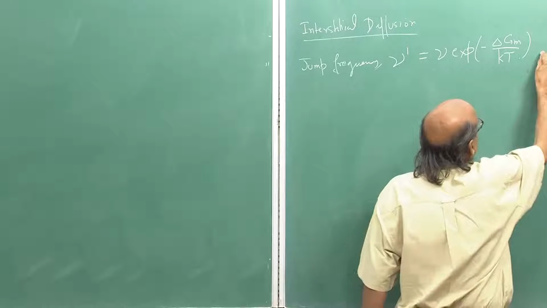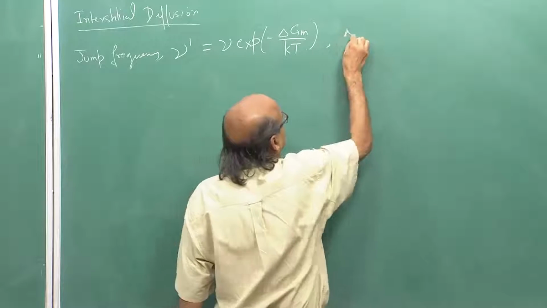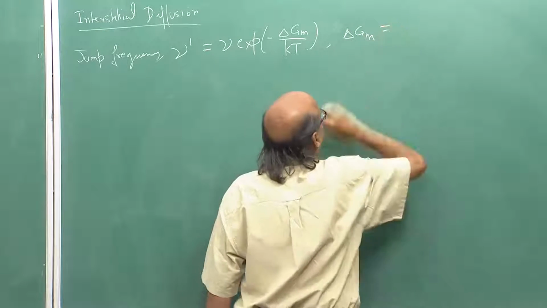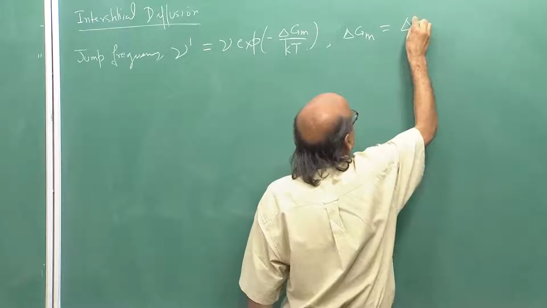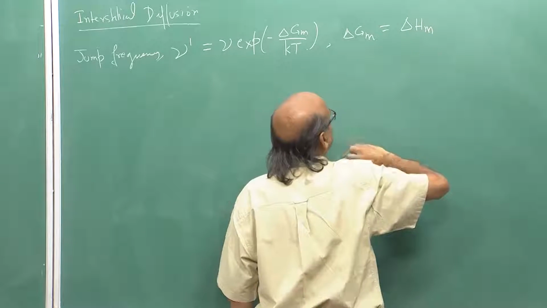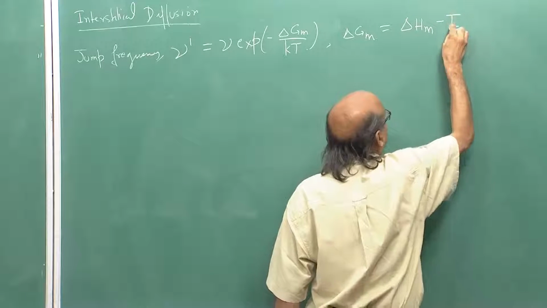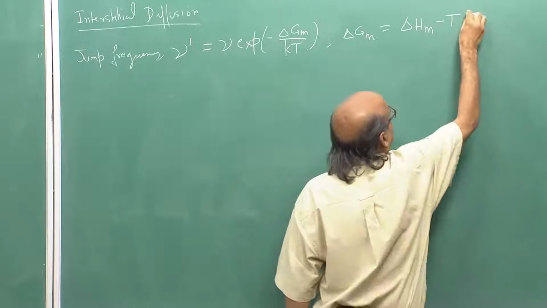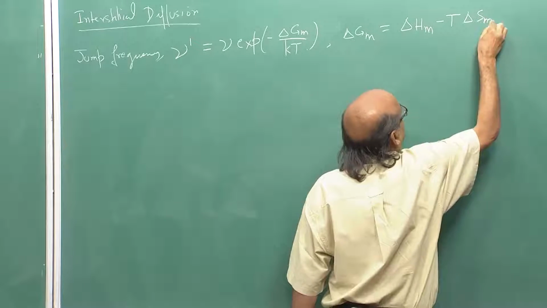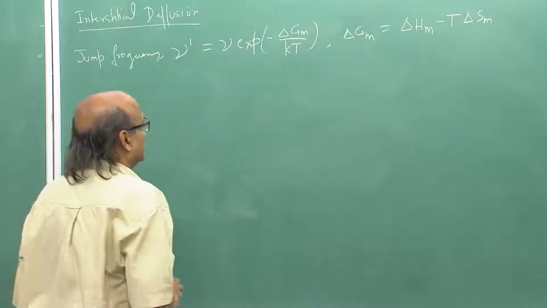Now, we can write delta Gm in terms of enthalpy and entropy as delta Hm, the enthalpy for migration, minus the temperature at which the jump is taking place, times the migration entropy delta Sm.